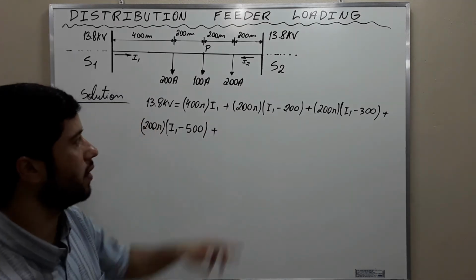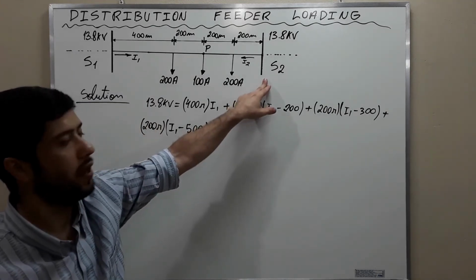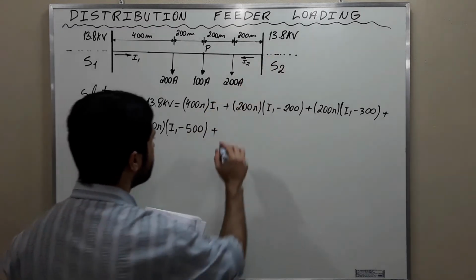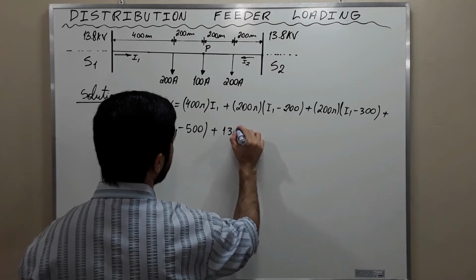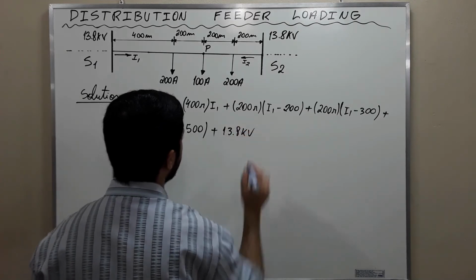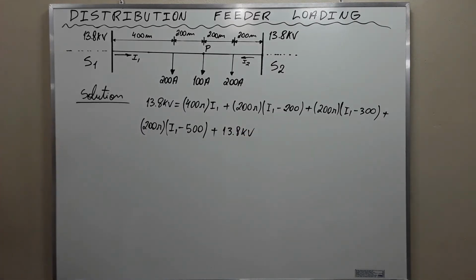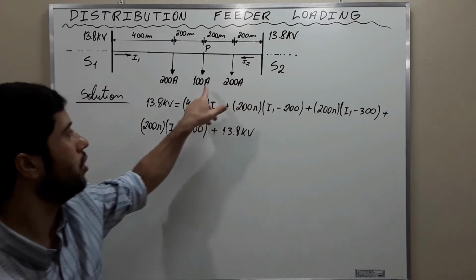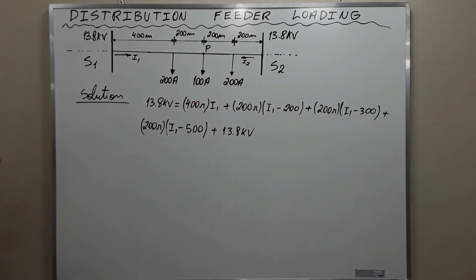And we arrive at S2, and the voltage here is 13.8 kV. Now we have our equation that will enable us to calculate the contributions of both S1 and S2 to the load connected at point P.